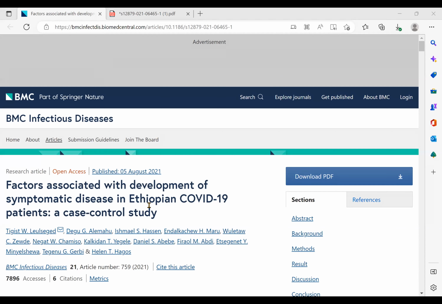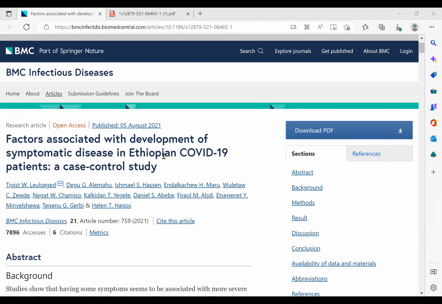So this is the published article, and the way we conducted the study, we started by gathering patients with symptomatic COVID-19 and a comparable group of individuals who are not symptomatic.